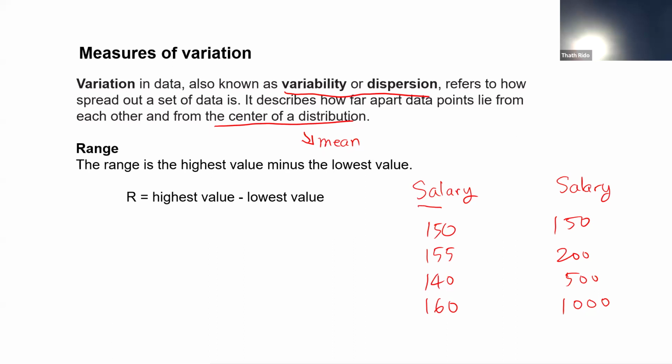If you calculate the range, it will be 1,000 minus 150, so it is 850. So it shows the variation. When the variation is small, it means that the data set is very close to each other and very close to the mean also. But in this case, it's very dispersed. That is the meaning of variation in the data: the variation of data values from each other and from the center of the distribution.